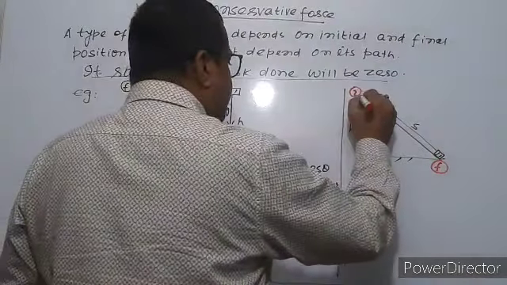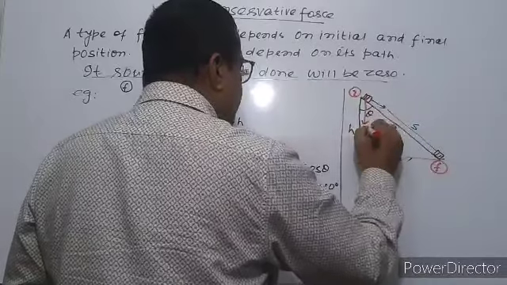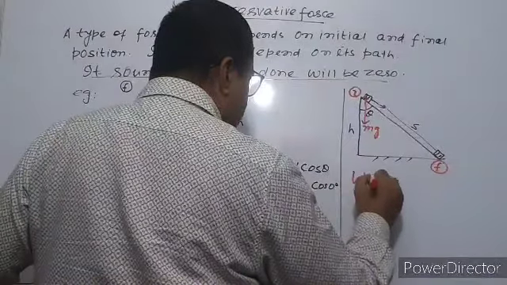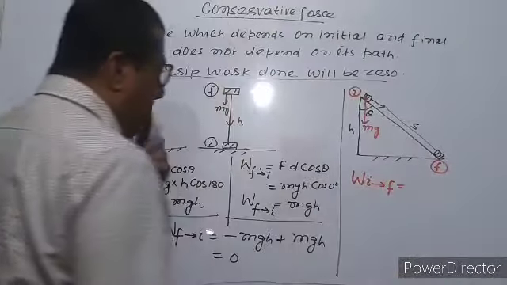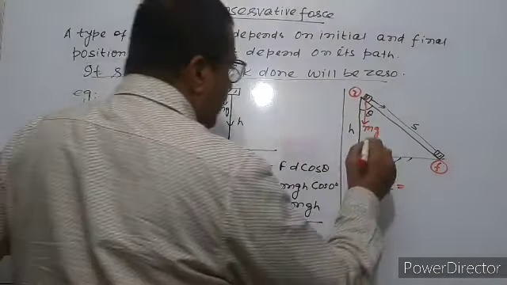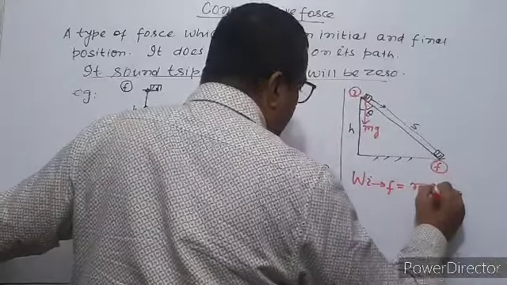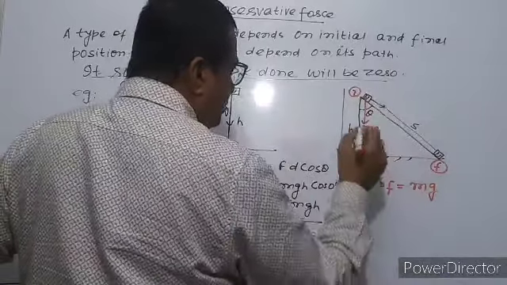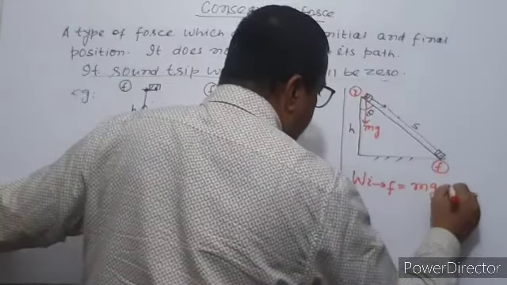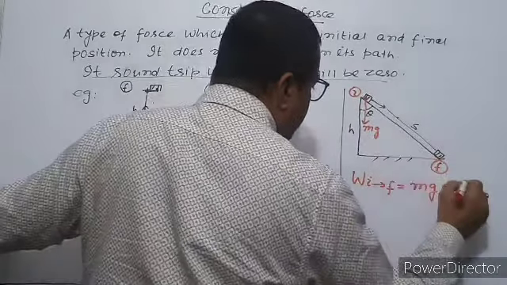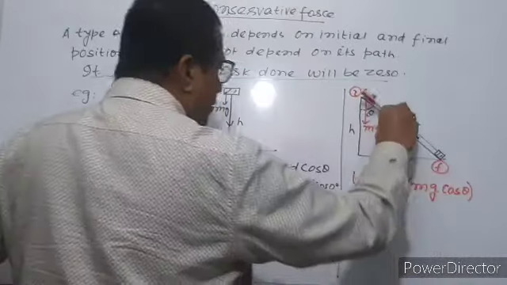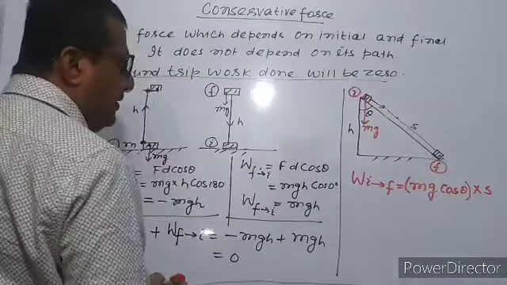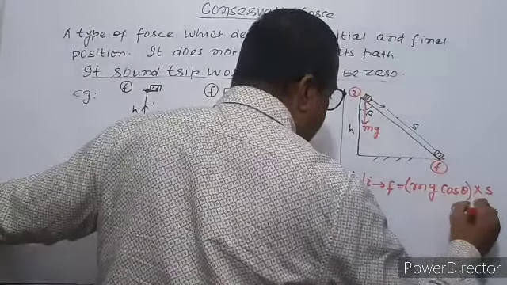Its weight is acting downward, mg. So work done from I to F is equal to mg cos theta, this is the force along the direction of displacement, into displacement s.